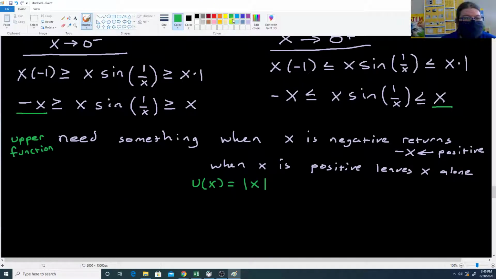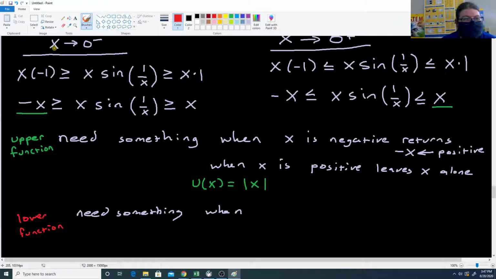So for the other side, now we need to say, okay, that's great for the upper limit. We can use absolute value of x. That combines these two things together into a single one. What about the lower function? So we say, okay, well, we need something now. Let's see what happens.